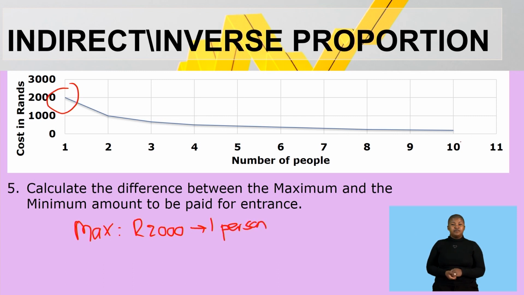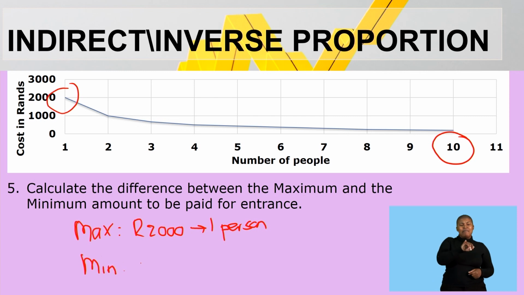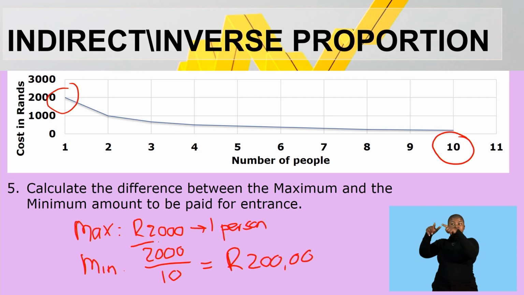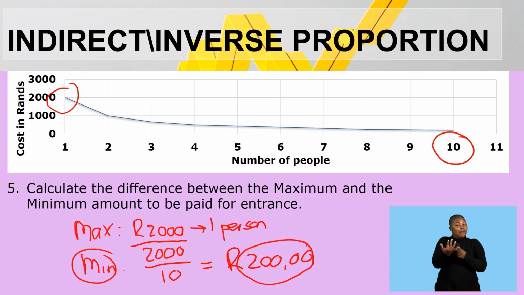And then the maximum shown on the graph is 10 people. So the minimum then is going to be 2,000 divided by 10, and that is 200. So the maximum is 2,000 and the minimum is 200.